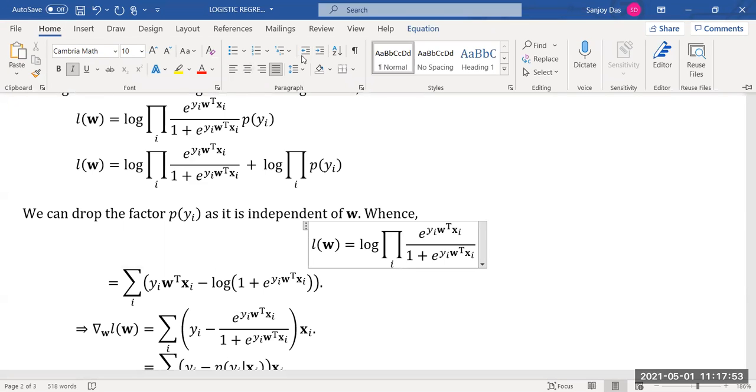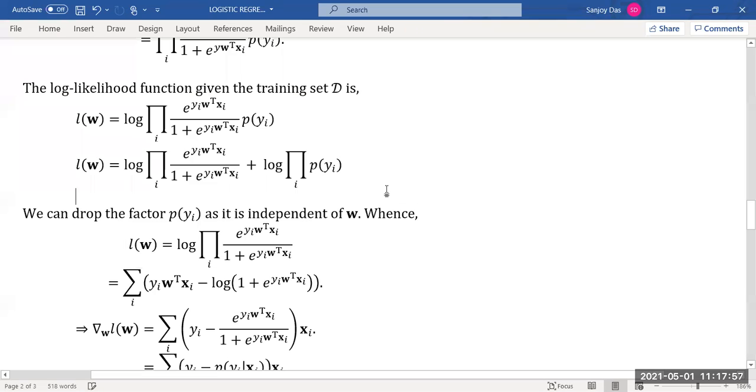Now, what about this term? This is the probability of yi. Let's say we are looking at patients.